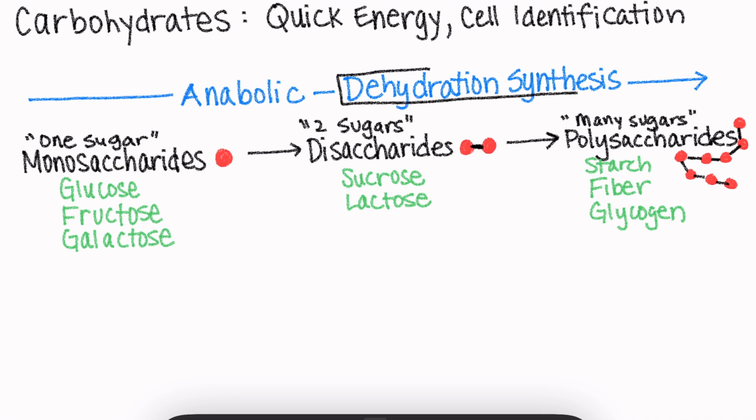In the process of dehydration synthesis, covalent bonds are formed between the various sugars, and in that process, water is removed. Water is removed to form covalent bonds.